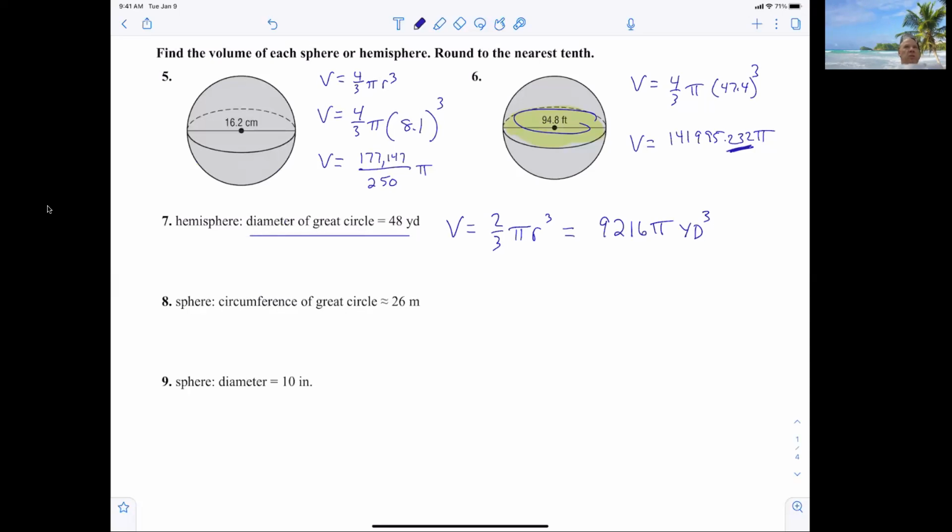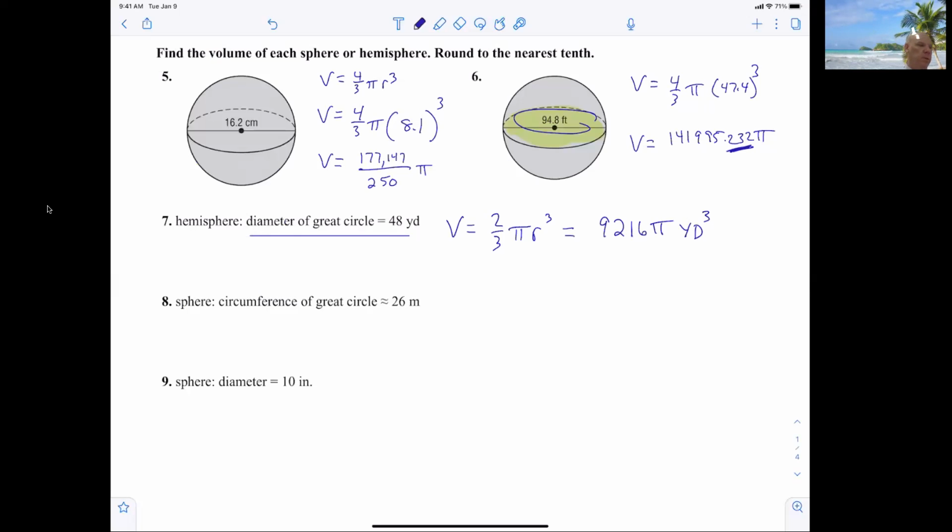Anybody have any issues? What's half of 4/3? It's a hemisphere is what they're asking.